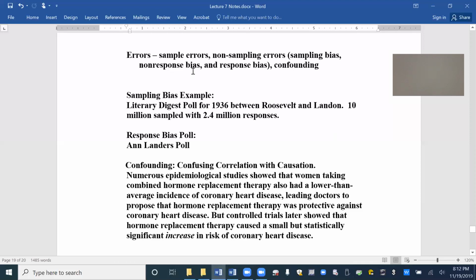Okay, here's an example of a response bias. Ann Landers got a letter from a woman who was 60 or so, and said that she devoted her entire life to her kids, and now she doesn't get any calls or presents on Mother's Day, and they're a bunch of ingrates, and if she had to do it over again, she wouldn't have kids.